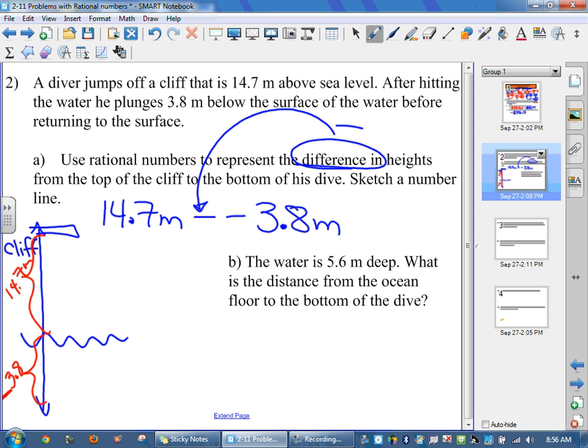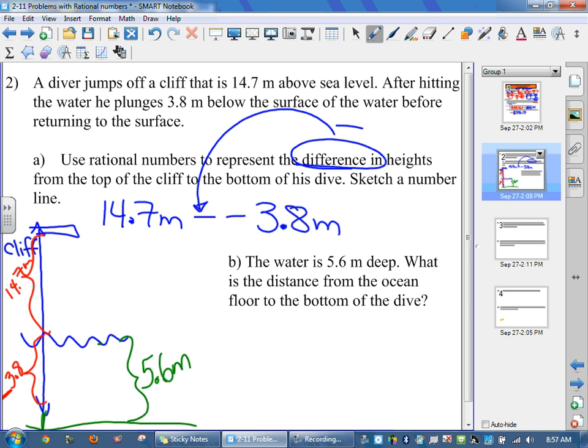D says the water is 6.6 meters deep. So he's not right to the bottom. He goes down to the bottom. The bottom will be way down here. And so from the top of the water to the bottom is actually, it tells us, 5.6 meters. So let's solve the difference here on A. What is the difference? How far did he actually go down?